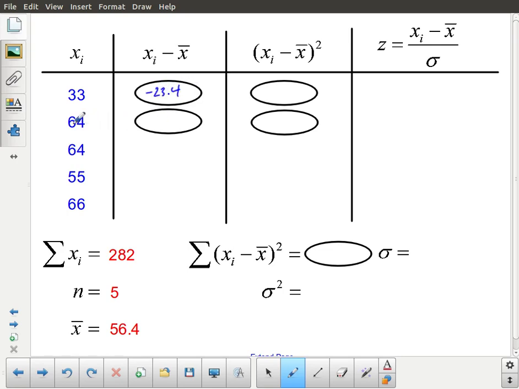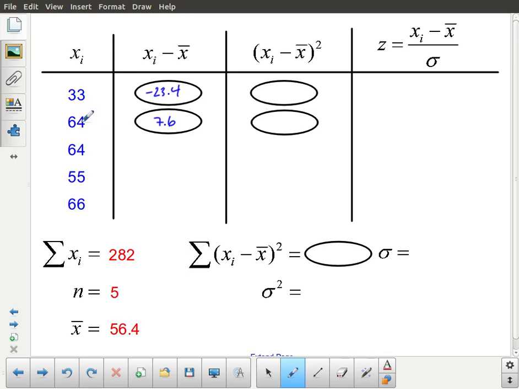And I could do that here. 64 minus 56.4, sorry, I'm going to double check that, gives me 7.6. And just a quick check to make sure you're doing this right: if this number is less than the mean, your result should be negative.